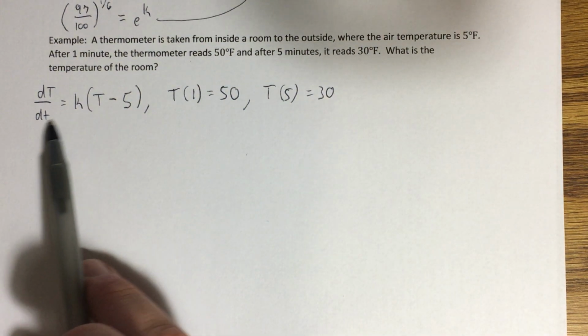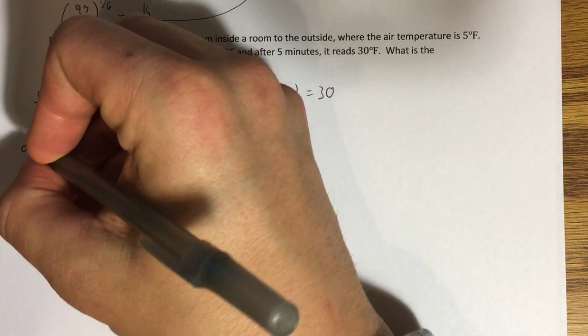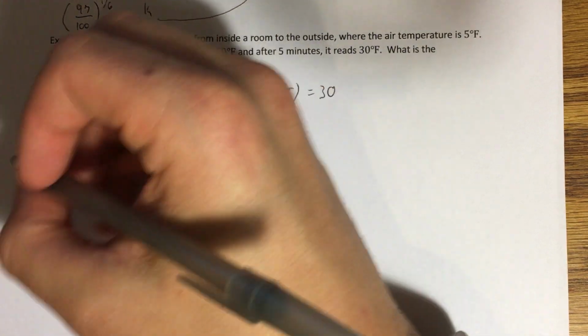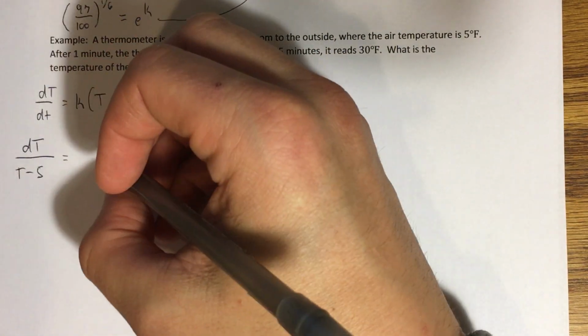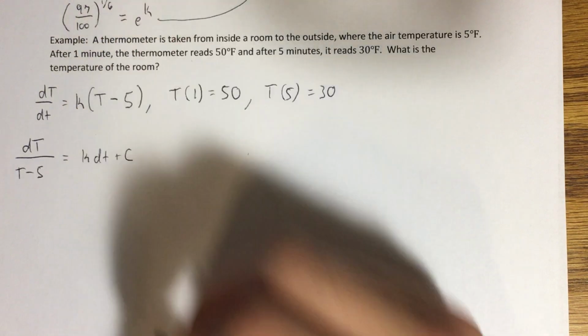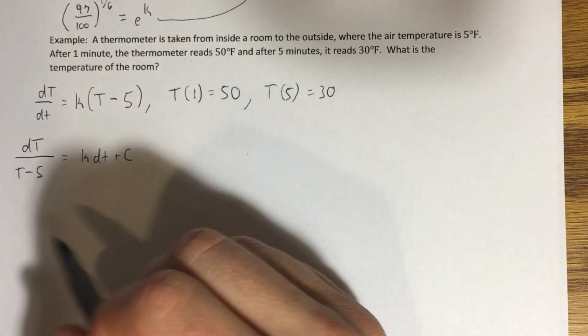This is another separable DE. Again, separating variables, I get dT over T minus 5 equals k dt plus c. All right, I can integrate both sides.